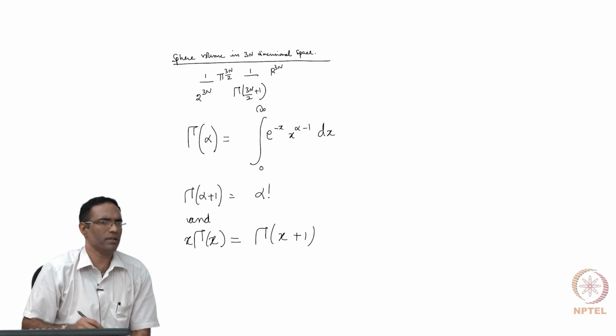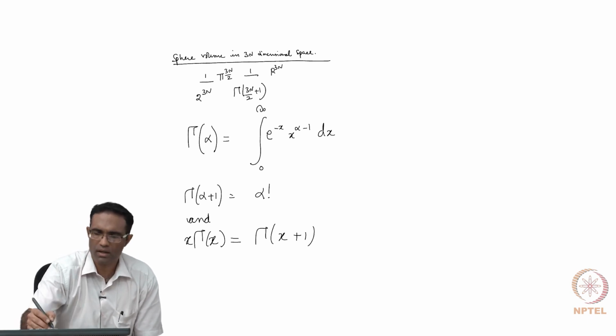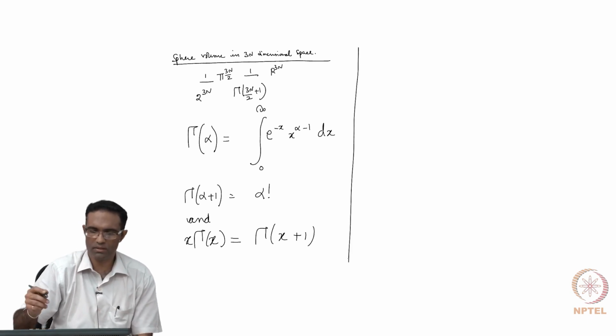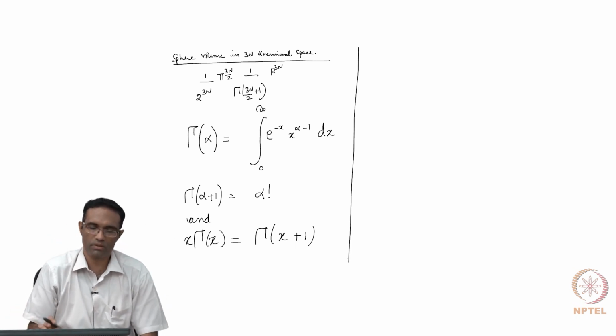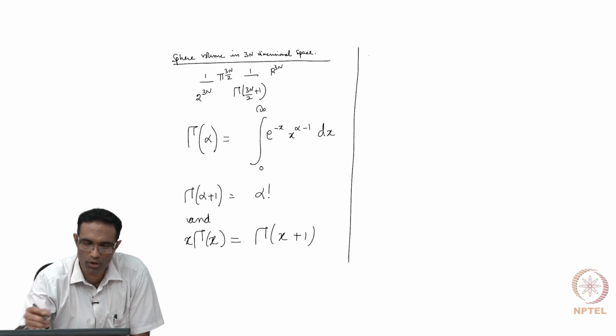These are some of the properties. I think we have studied this in different places, so we don't want to prove all these things, but we will just accept this. Okay, so this happens to be the volume of the 3n dimensional sphere.